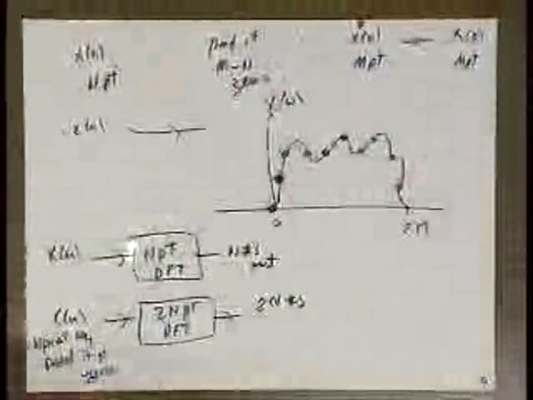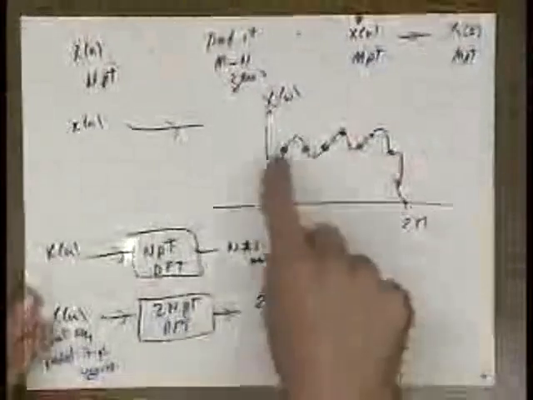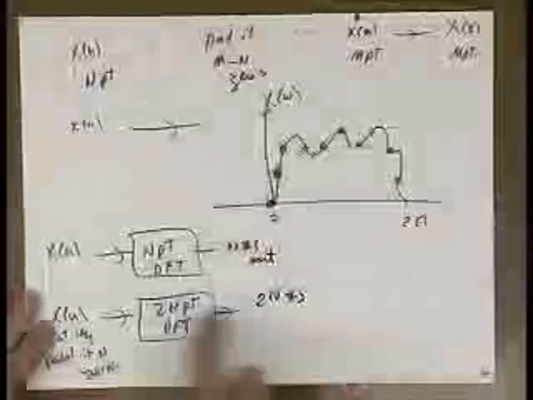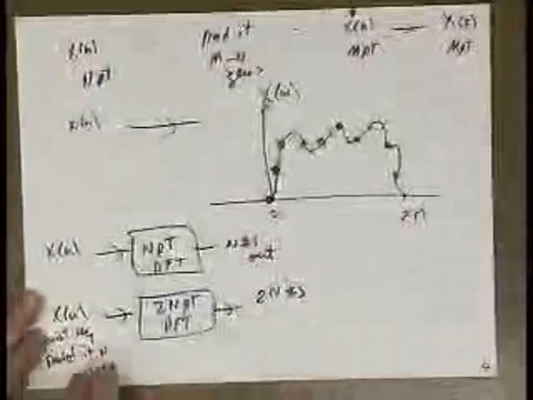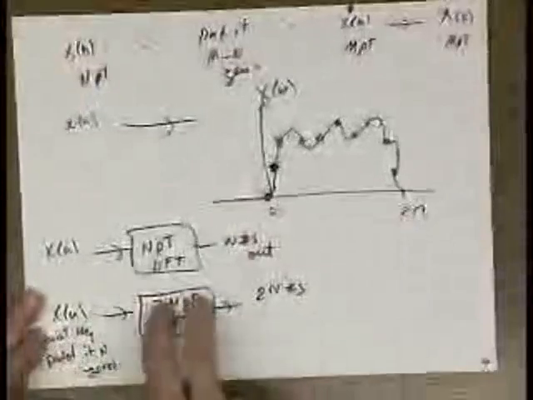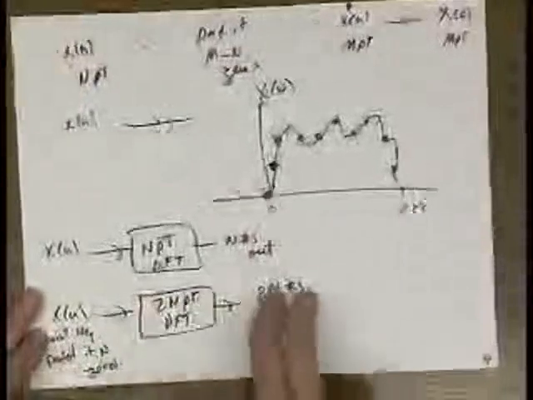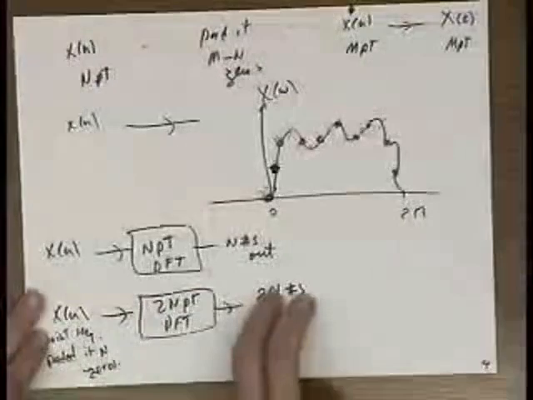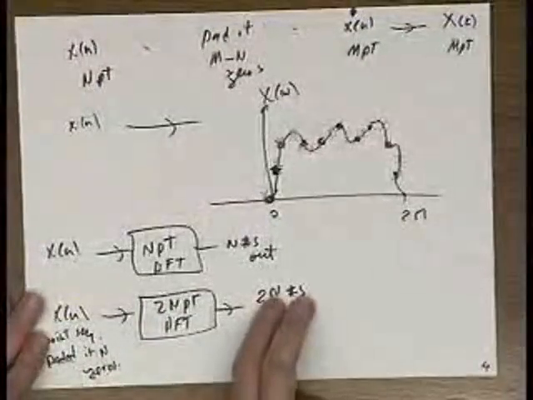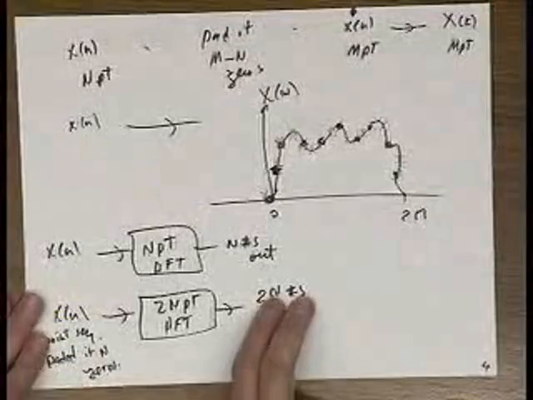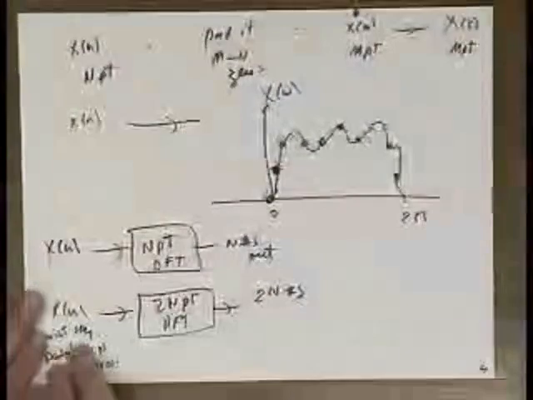Now, what if I asked you a trick question? I have 2n numbers. I start with an x of n, which has n non-zero values. I pad it with n zeros. I take a 2n-point DFT of it. I get 2n numbers. But I only have a box that does inverse DFT for n-point sequences and not 2n-point sequences.